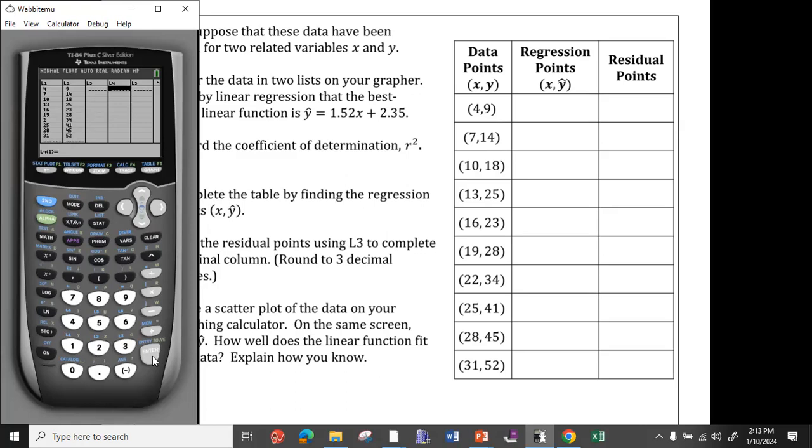All right, so we're making sure that this is the right linear regression model for these points. So I'm gonna make sure when I go to stat, calc, I'm gonna run the regression model for linear. And I'm going to store just so that I can stay in the habit of vars, y vars, 1, 1.